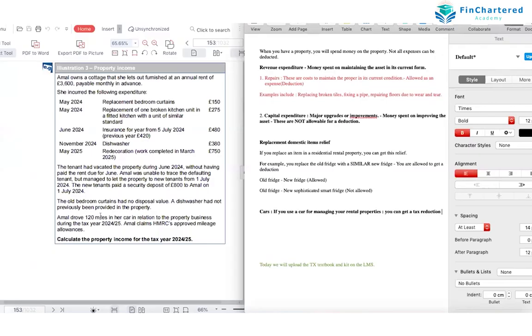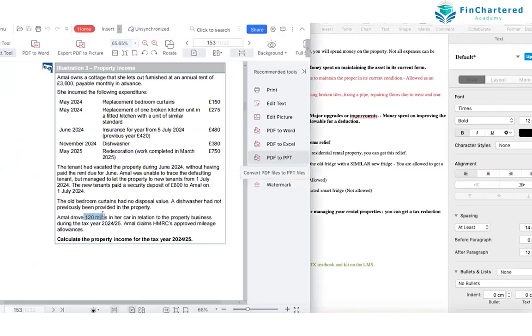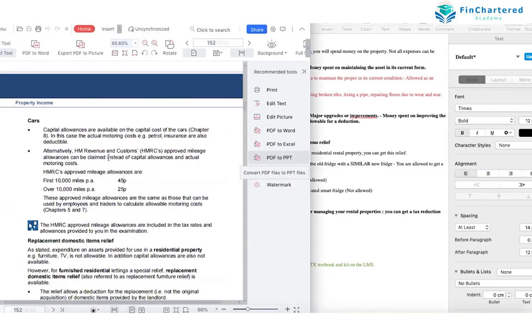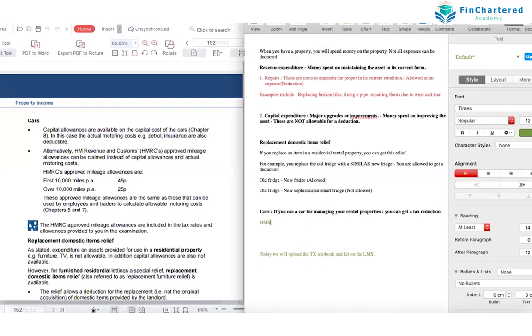For example, this lady is driving a car of 120 miles, right? So what you can do is HMRC has this allowance. For the first 10,000 miles, you get an allowance of 45p. P means pence, the plural of penny is pence. 45 pence per mile, you get an allowance.